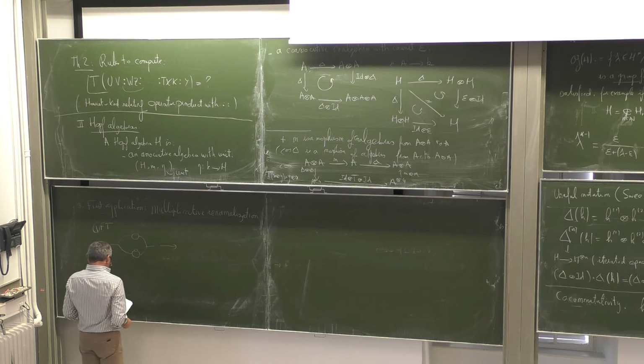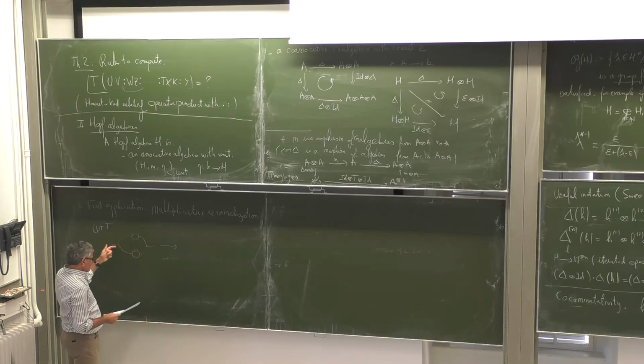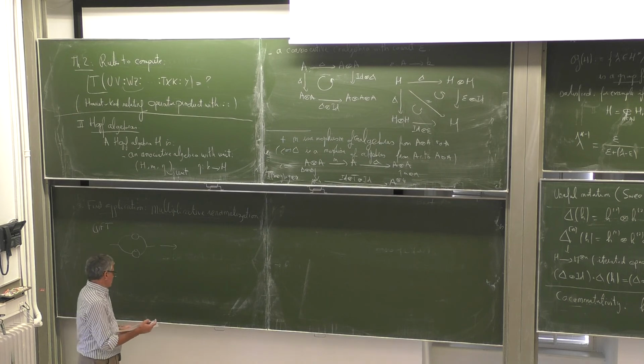and so these diagrams are supposed to describe physical processes, for example, a particle entering and exiting the system and undergoing some transformations, some interactions between the initial time and the final time.